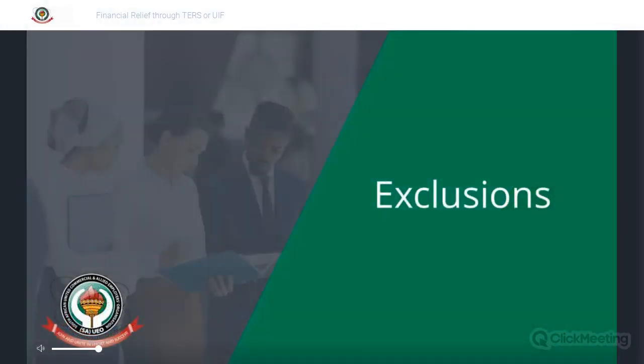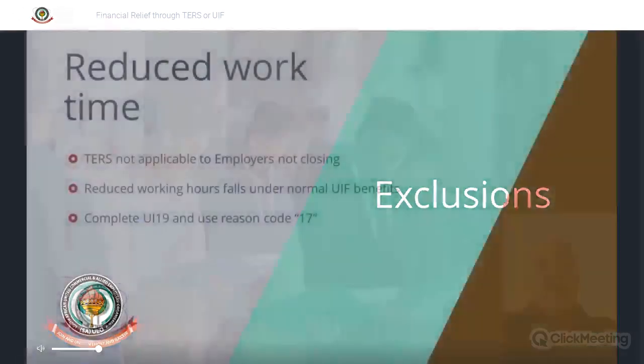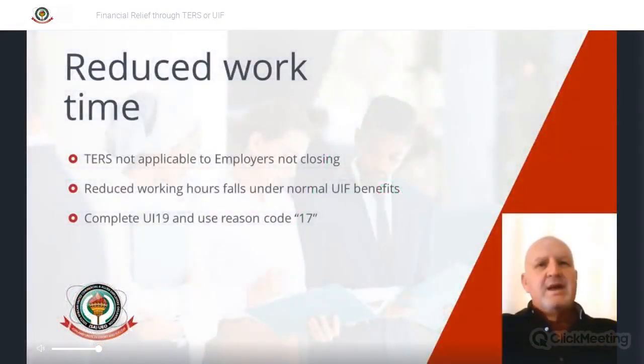There are exclusions in the TERS regulations, and the first one would be for reduced working time and then illness benefits. There's also a booklet available. It's called the Employer's Aid. Do not confuse this book with the Employer's Aid on TERS.